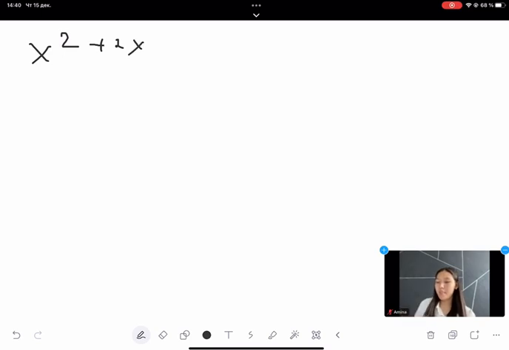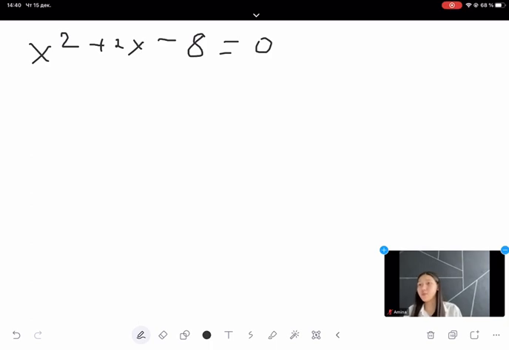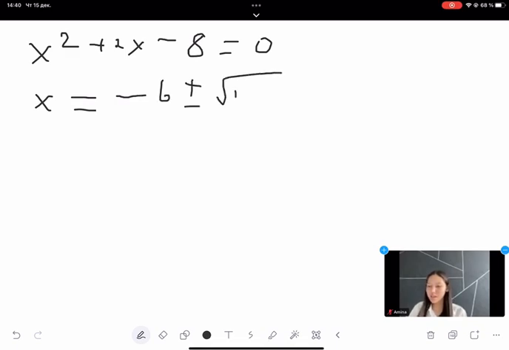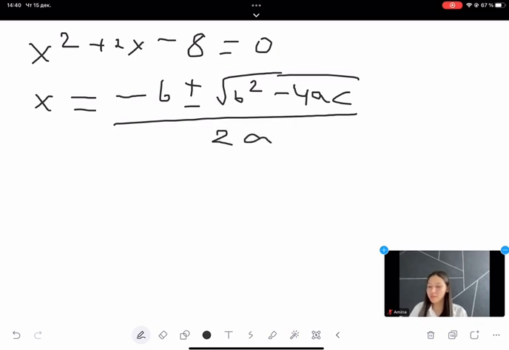For example, x squared plus 2x minus 8 equals 0. With this formula, x equals minus b plus or minus root of b squared minus 4ac over 2a.